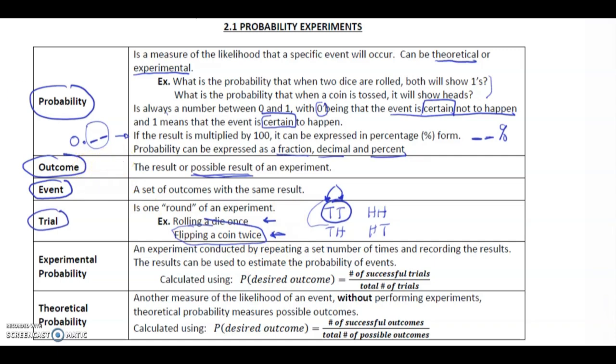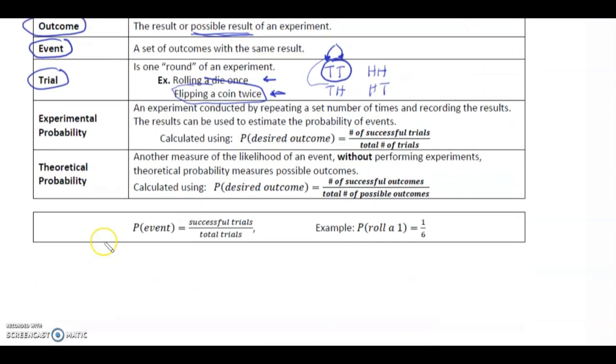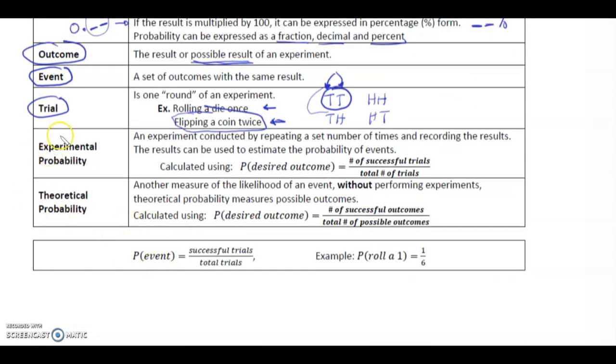Okay, now let's talk about experimental probability versus theoretical probability. Okay, so an experiment is conducted by repeating a set number of times and recording the results. Okay, this is actually when you do an experiment. It's not talking about what could be the outcomes. It's saying do the experiment and record the results. What actually happened in real life.